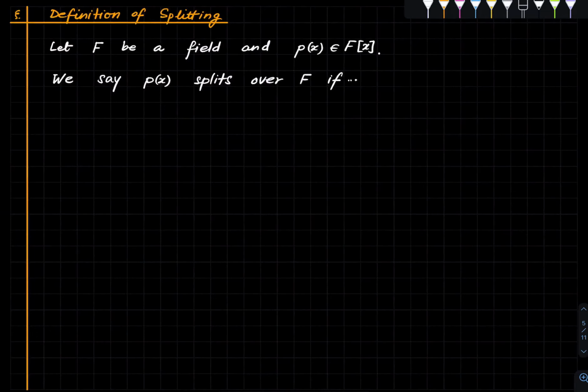And here is another definition that we need before we state the main theorem. So fix a field F and a polynomial over F. Let's say, just for safety, p(x) is non-zero.